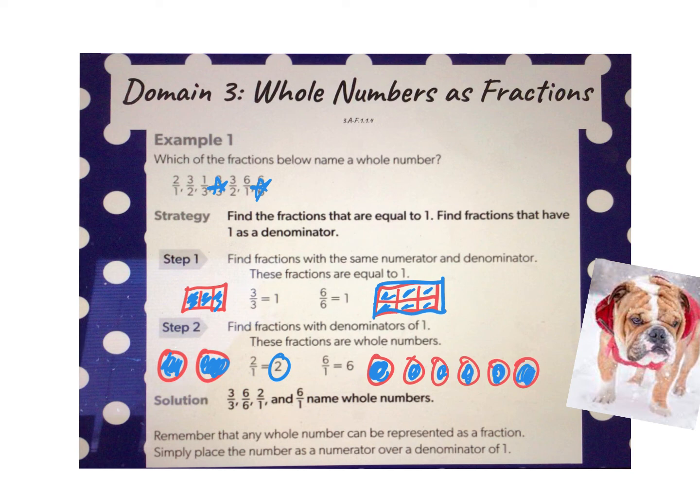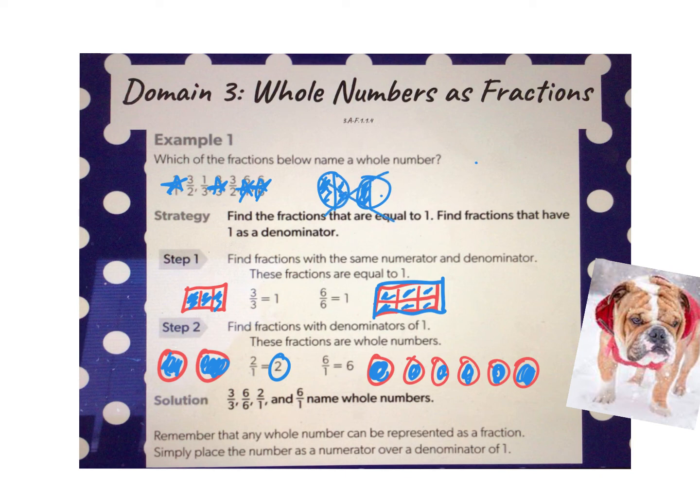So I can see that 2/1 would equal 2, 6/1 would also equal a whole number of 6, but 3 halves and 1/3 would not. 3 halves would look something like this, where I would have a fraction left over. So if we're doing halves, I would need 1, 2, 3. So I don't have a whole number. It doesn't leave me with a whole number. Okay, there's still a half of this that's not shaded in. So that one can't work.